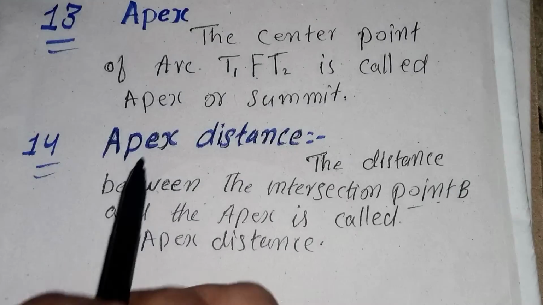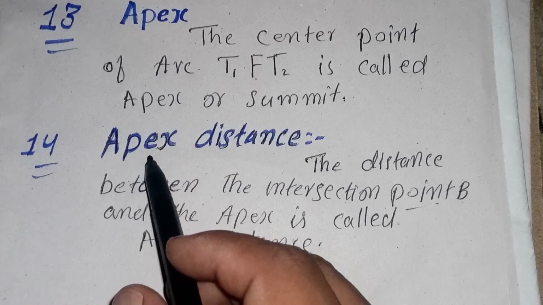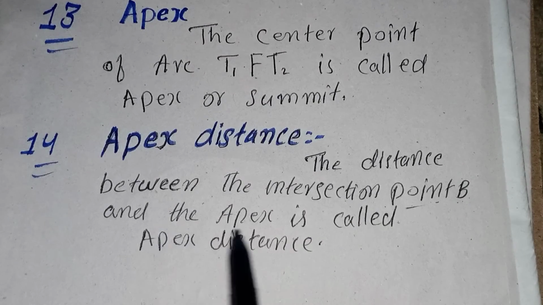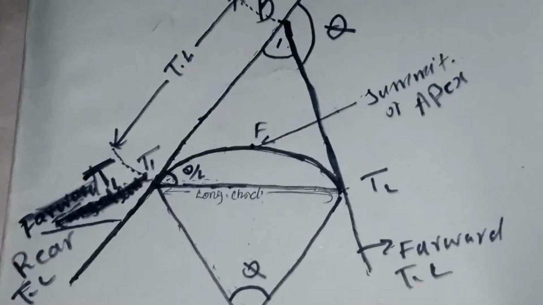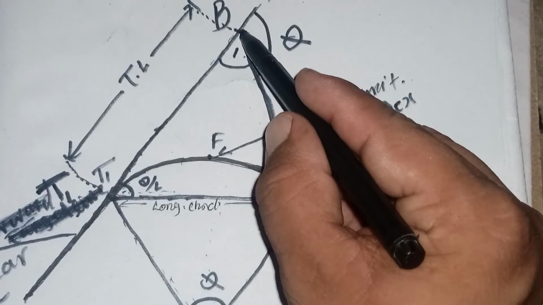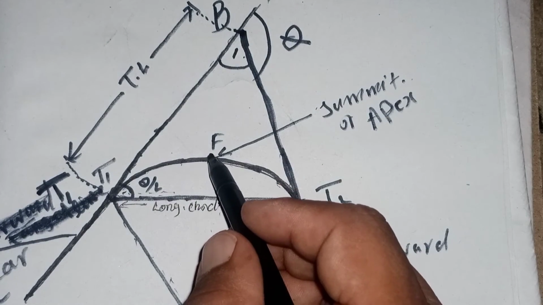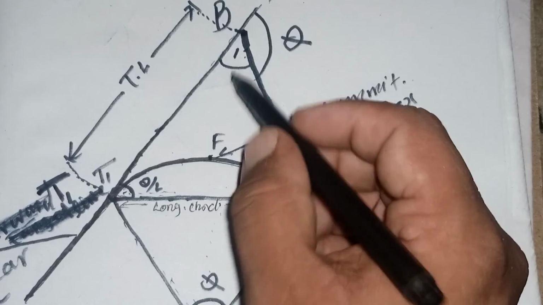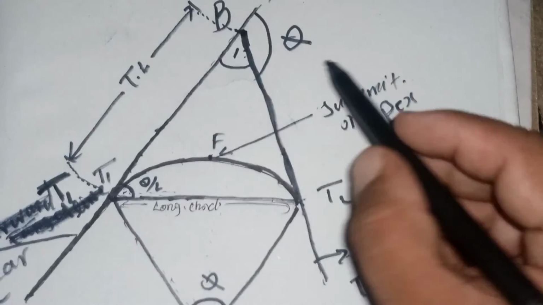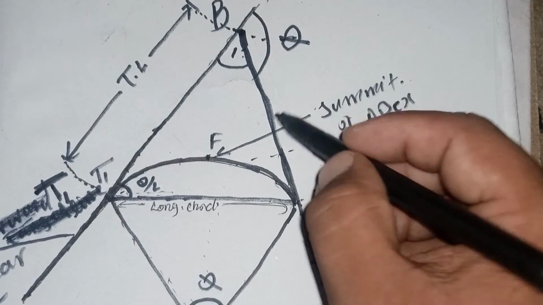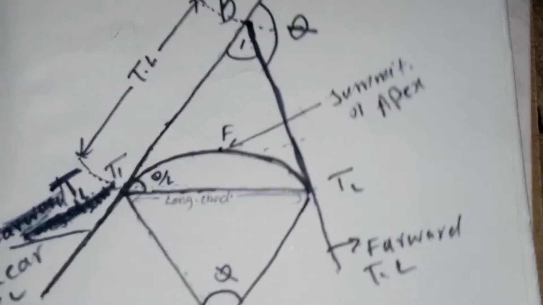And the next number, 14, apex distance. The distance between the intersection point B and the apex is called the apex distance. It means that the distance between the intersection point and the apex point, which is the center point of the curve, is called the apex distance. Suppose this is a line, so this distance is called the apex distance.